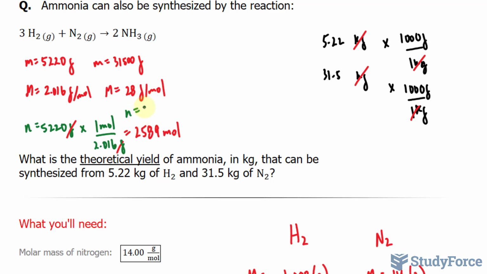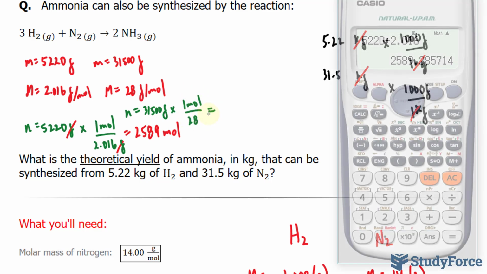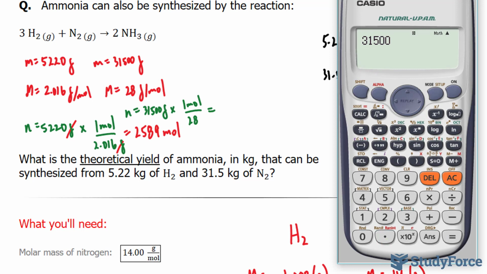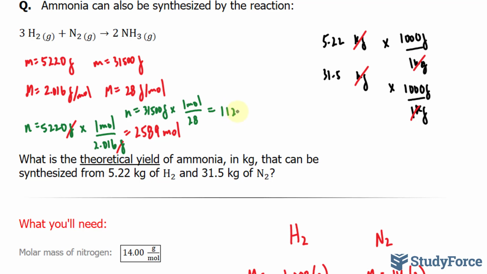We'll take 31,500 grams and multiply it by 1 mole over 28. 31,500 divided by 28 gives us 1,125 moles.